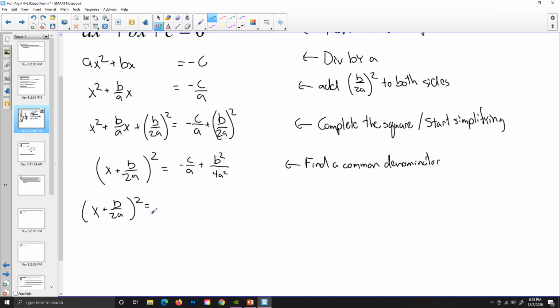But on this side, I want to add these two fractions, so I have to find this common denominator. I have an a, but I need it to be 4a squared. I'm going to multiply this c over a by 4a over 4a. Now that's just 1, and I'm multiplying that times negative c over a plus b squared over 4a squared. And so again, we're still simplifying here.